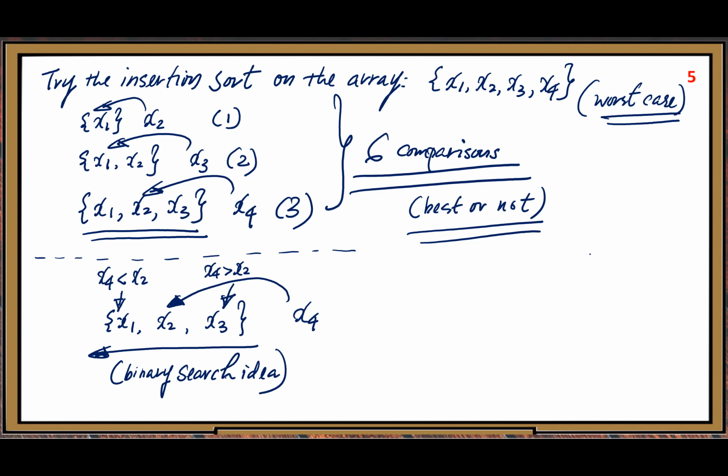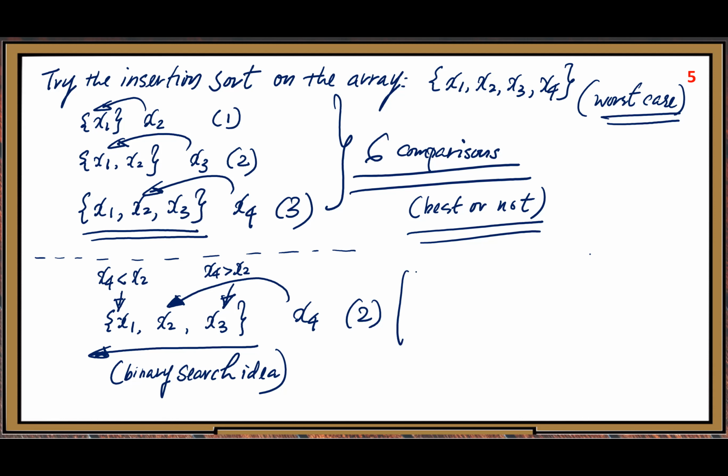If we apply the binary search idea, you can see for the worst case, we just need 2 comparisons. For the worst case, we do not need 3 comparisons. That's better.